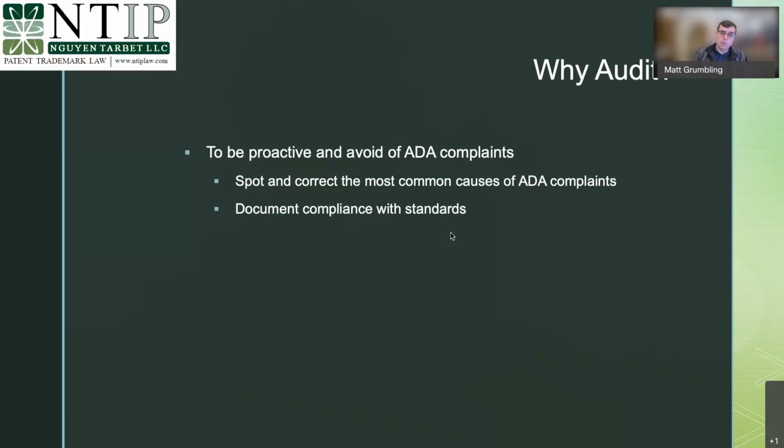You want to document your compliance. Say, your auditor may go through, let's say, your parking lot, and carefully measure the grade of your parking lot and find that it's in compliance. Any ramps, check those, and just document each of those points of compliance.